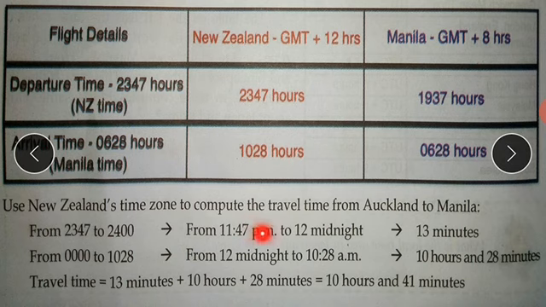So 11:47 to 12 midnight is 13 minutes. The time elapsed would be 13 minutes. Then from 12 midnight to 10:28 a.m., which is your arrival time, the elapsed time would be 10 hours and 28 minutes.